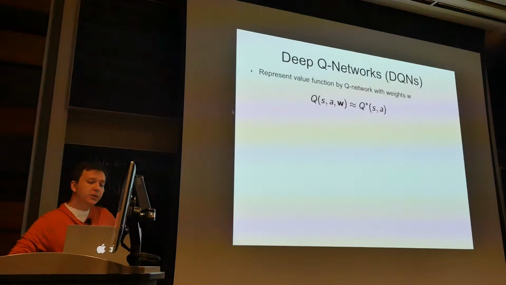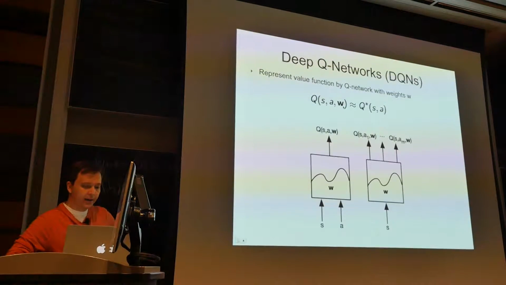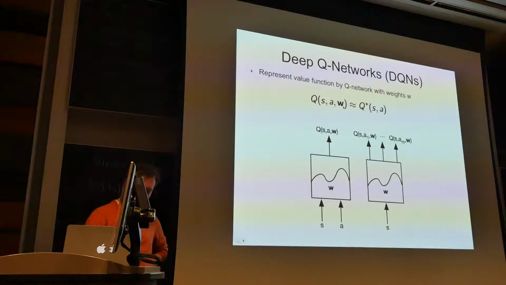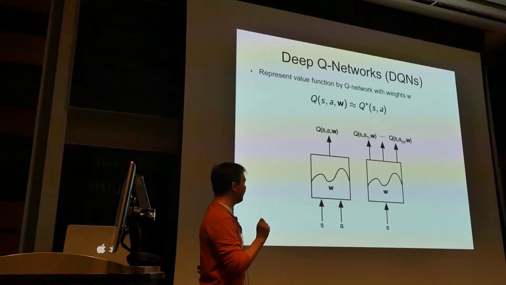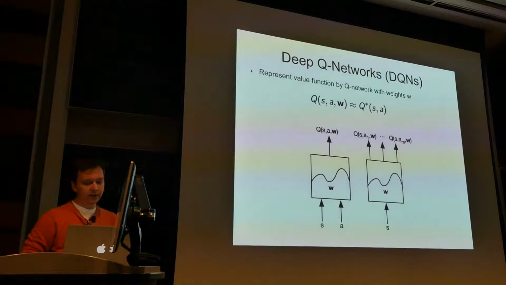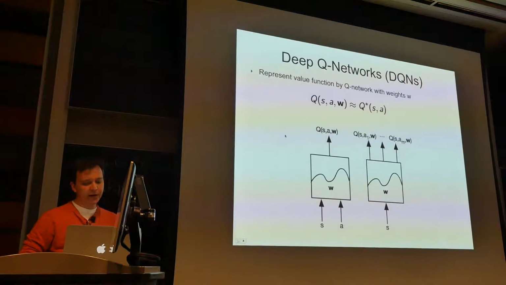So what we're going to do is represent the value function by a Q network with weights W. We're saying the optimal Q function is going to be approximated by a deep neural network with parameters W. Now, in this case, we're just going to be focusing on settings where your actions are discrete.